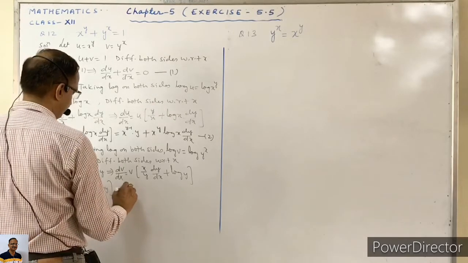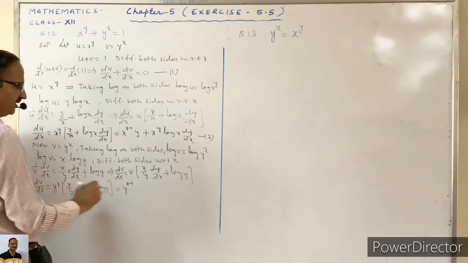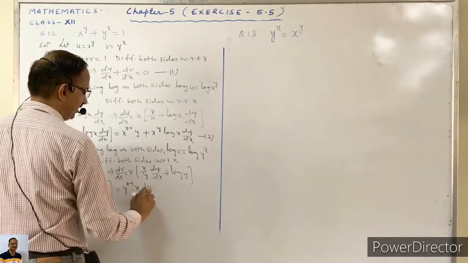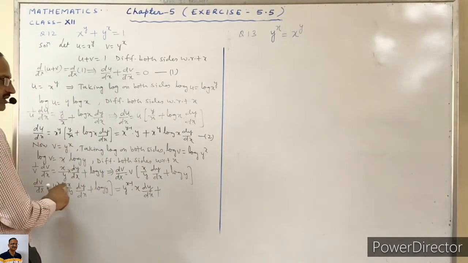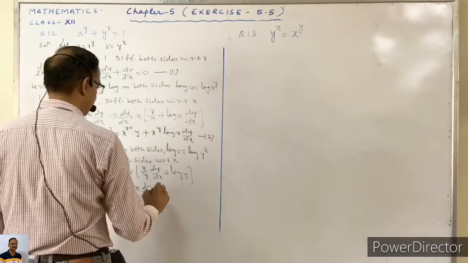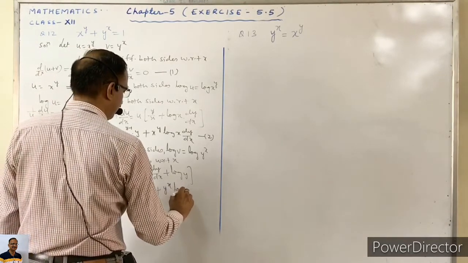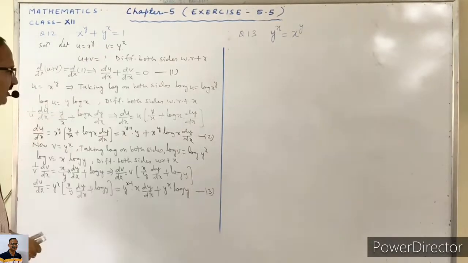So we can write y raised to power x minus 1 in product we have x and dy by dx plus, when we multiply this with the other term, then we will get y raised to power x and log y. So this is third.